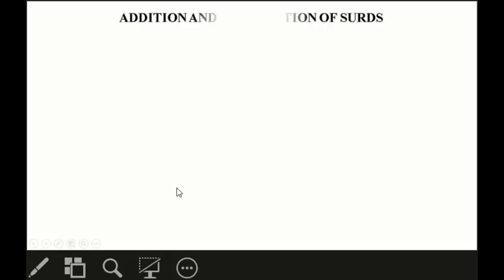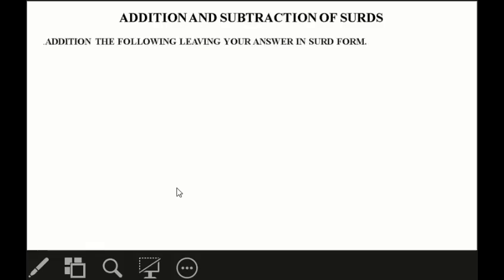Still under addition and subtraction of surds, still under addition. Add the following expressions, leaving your answer in surd form. So we have the root of 24 plus root of 96.